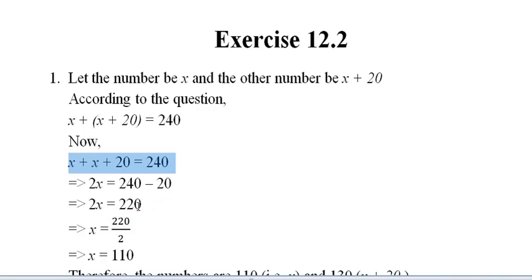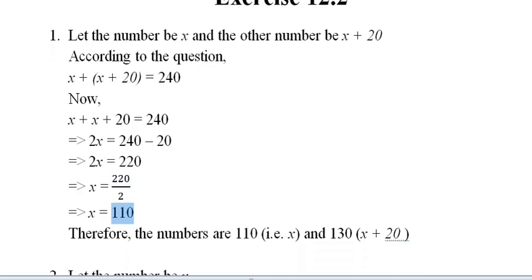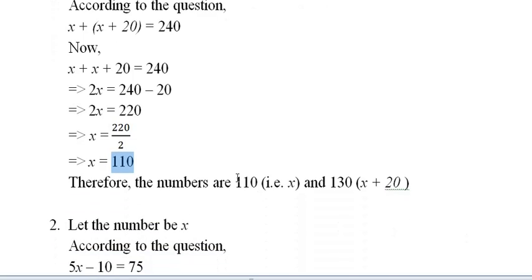It's very simple. You just have to find the value of x. And how to find the value of x? We already know from exercise 12.1. So you find the value of x, that is 110. Hence the numbers will be 110, that is x, and the other number will be 130, x plus 20.